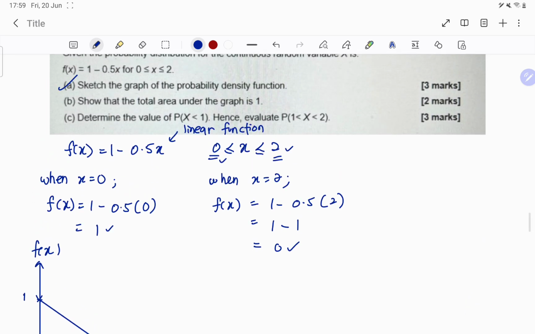For question B, they ask you to show that the total area under the graph is equal to 1.